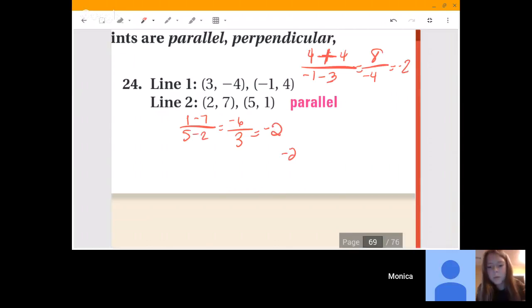So we have negative 2 for one and negative 2 for the other, so those are parallel lines. Yeah, you have to watch your signs on that and watch how you add or subtract.